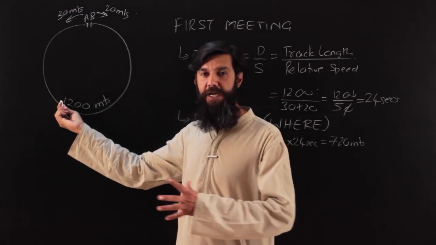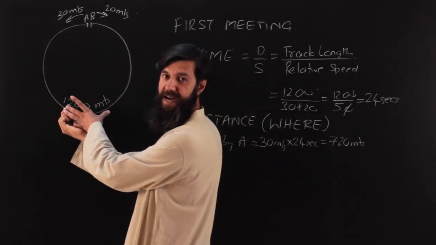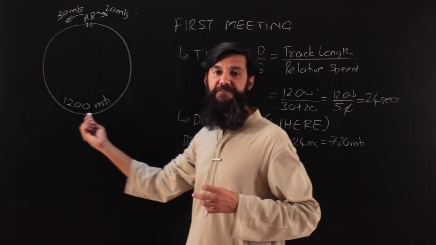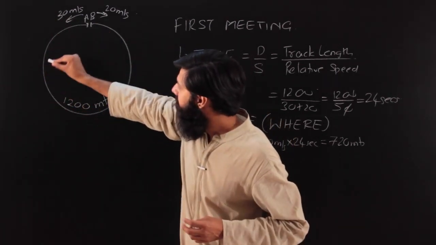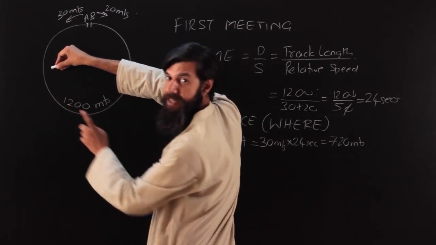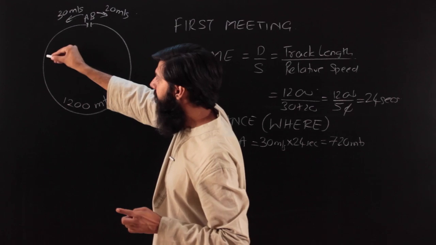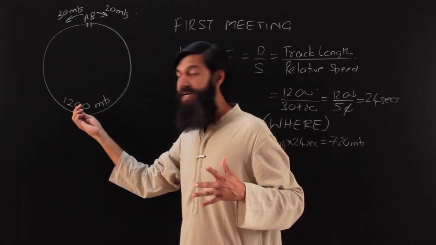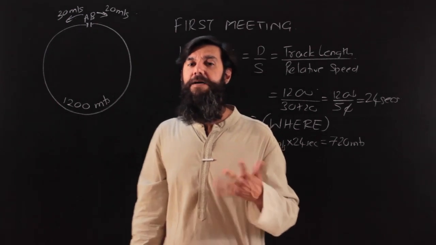Until you get the perspective of the track length, you would not know where the 720 is. Is the 720 just out till here? Remember, the full track length is 1200, so 720 can't be so small. So 720 is what part relative to 1200 meters?